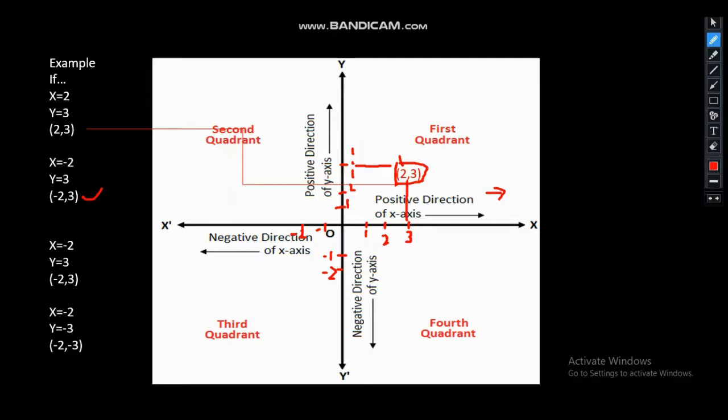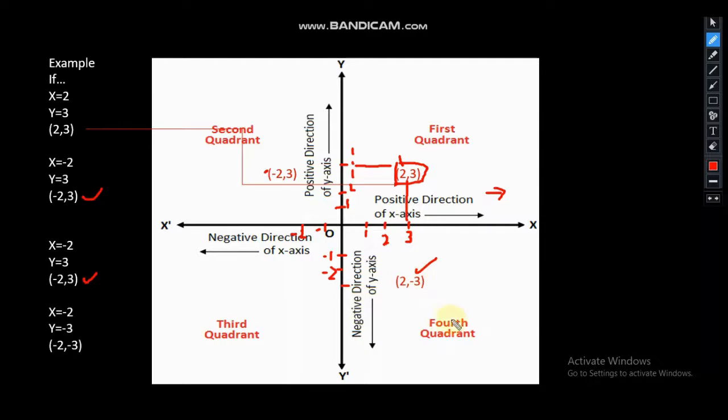Now this is (-2, -3), we can write it in this quadrant, the second quadrant. Similarly, if the example is (2, -3), we can write it here, because y is -3 and lies in this direction and 2 in this direction.